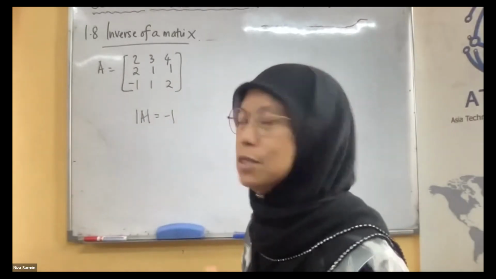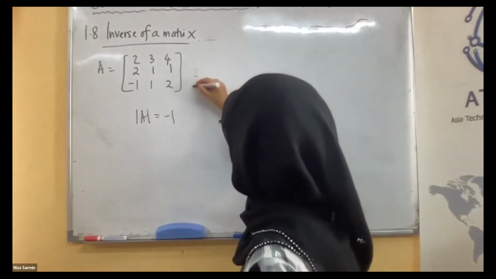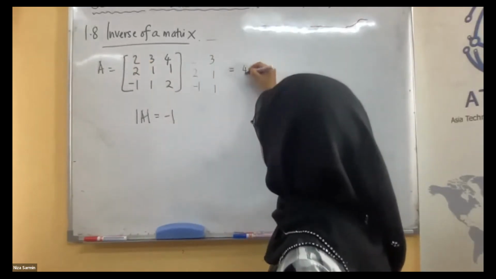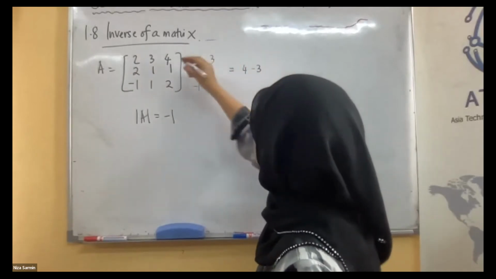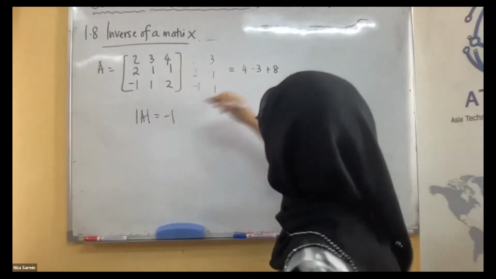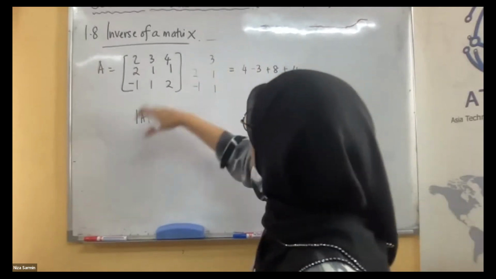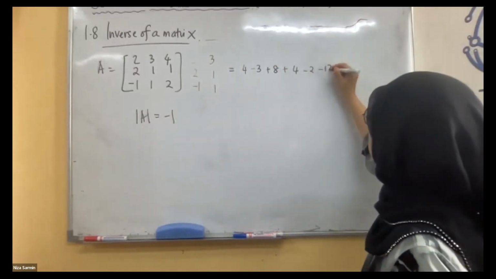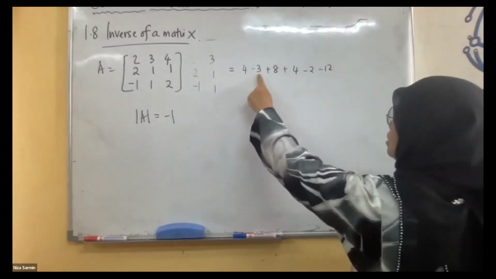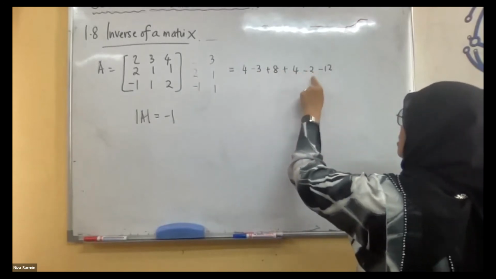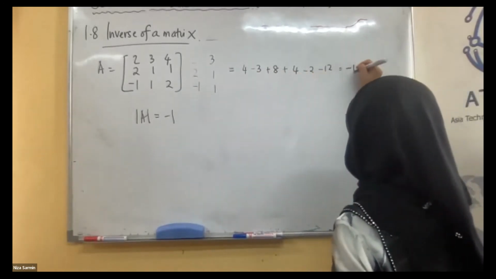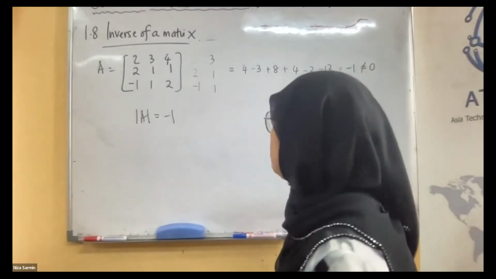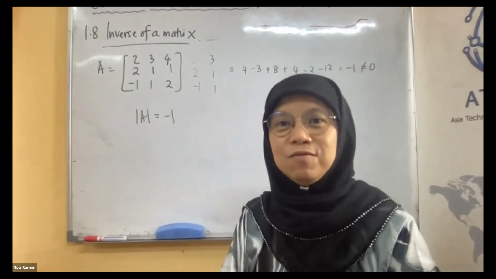One way is like this: 4 minus 3 plus 8 plus 4 minus 2 minus 12. So this is 1, 9, 13, 11 minus 12 is -1. But we want to find the inverse.